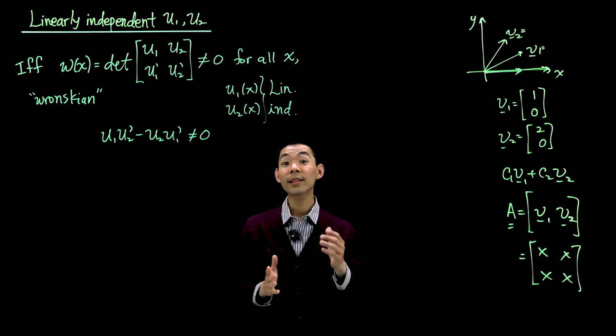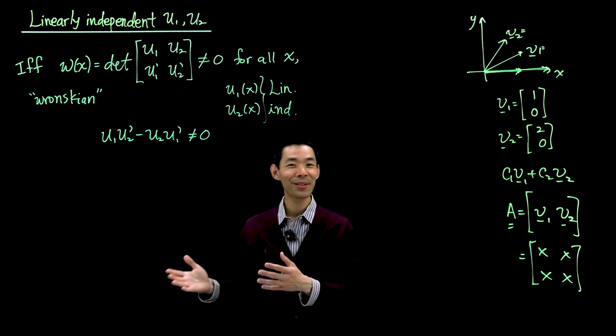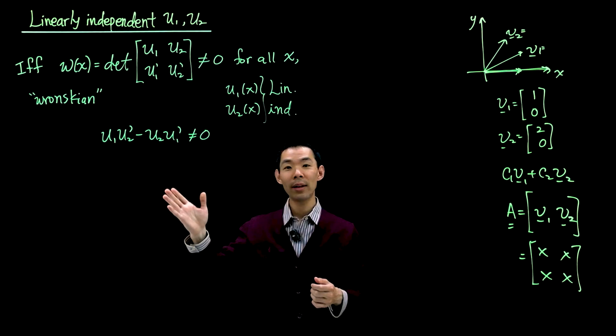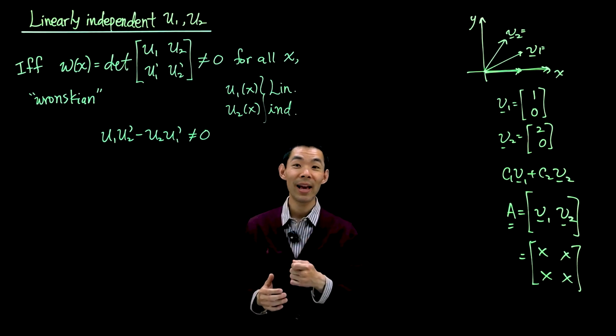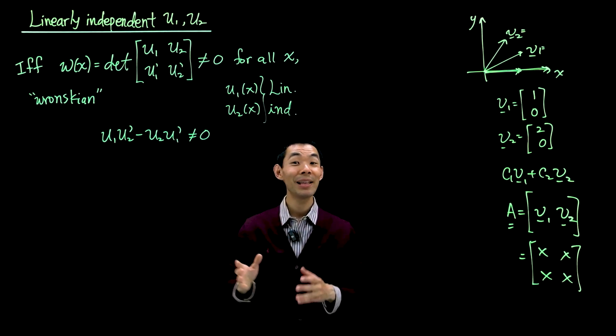So then, let's consider our two solutions that we got from our solution guess with the exponentials. u1 is equal to the exponential of lambda 1 x, u2 is equal to the exponential of lambda 2 x. Let's plug it into this expression of the Wronskian and see what we get.